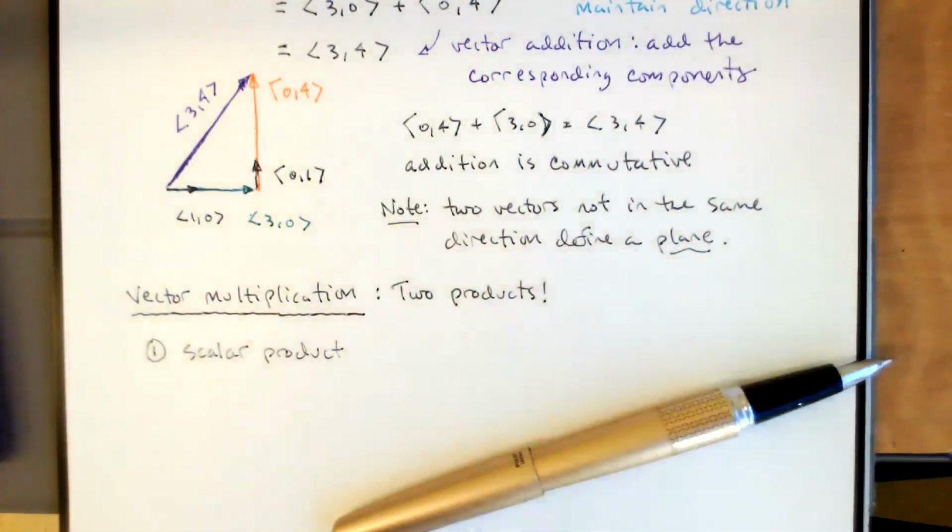So the first one is a scalar product. This is where we take a vector, multiply it by another vector, and come up with a scalar. So in a scalar product, it's vector times vector equals scalar.